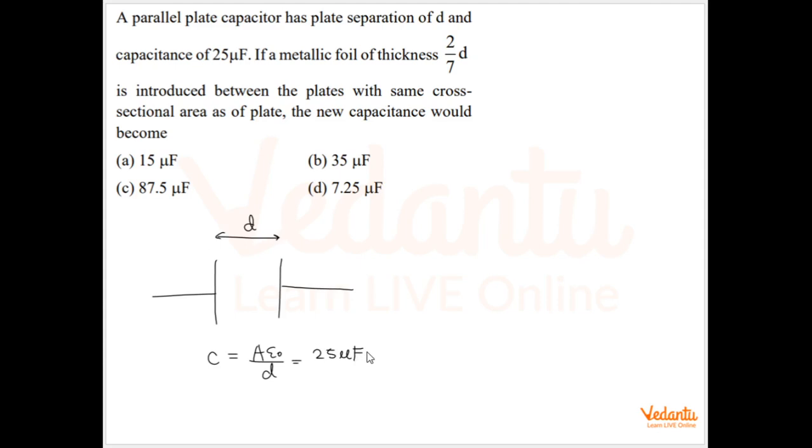Very good. Now beta, what happens is that a metallic plate of thickness 2 by 7D is introduced in between. So this is still D, but now we have a metallic plate in between of thickness 2 by 7d.